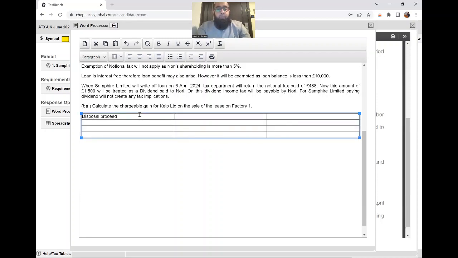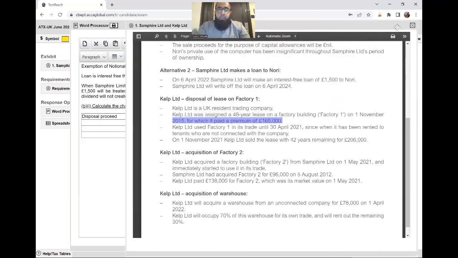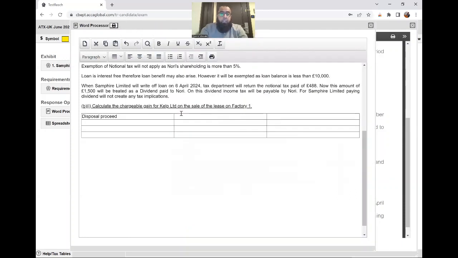Disposal proceeds. What are the disposal proceeds? Disposal proceeds are 206,000, which represents disposal of the lease with 42 years remaining.